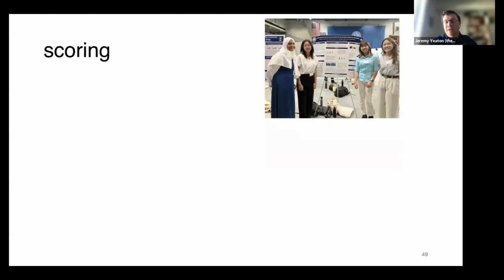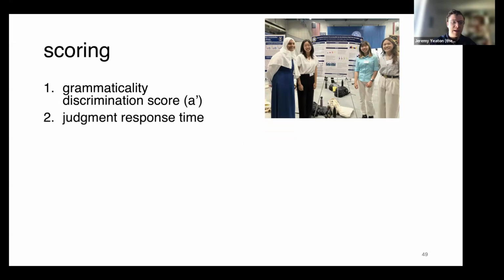And so the scoring has been done by my intrepid research assistants. And so the output measures from this study are a grammaticality discrimination score. How accurate are you at discriminating grammatical from ungrammatical sentences? We can look at judgment response time. And then if we're looking at their repetitions and corrections, we can annotate those in 2 ways.